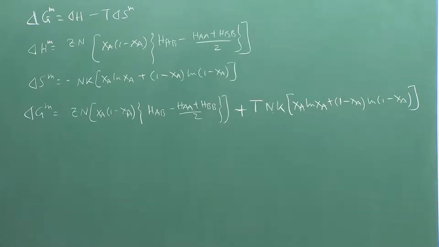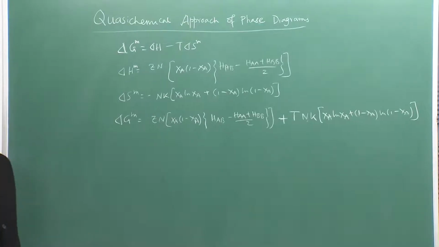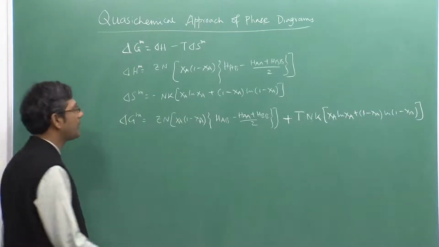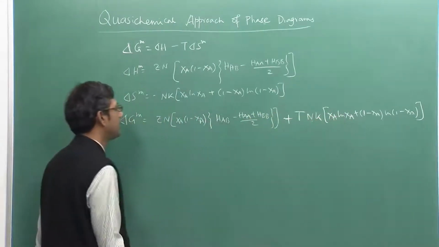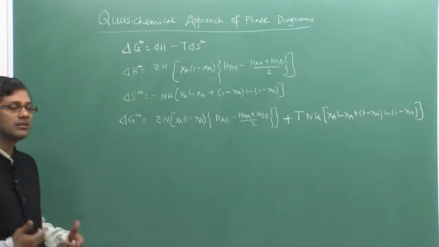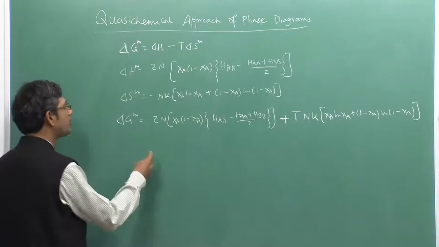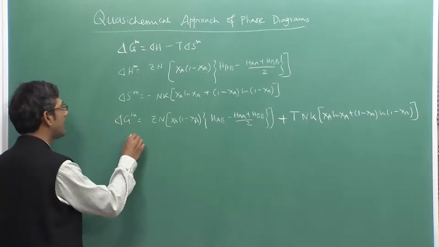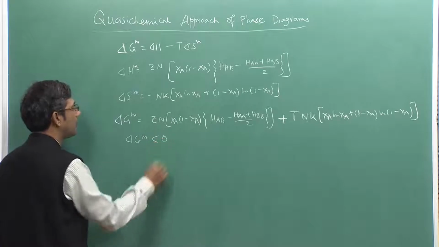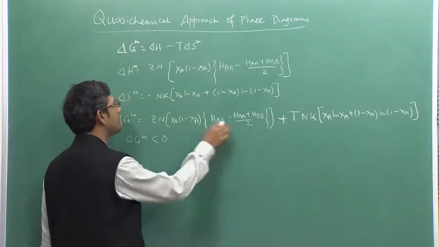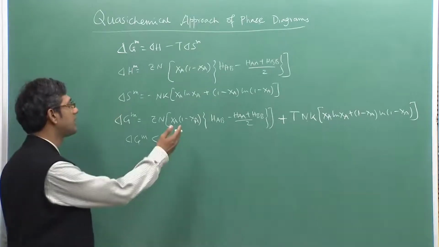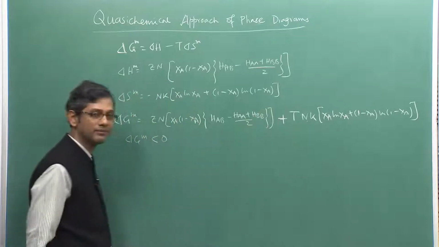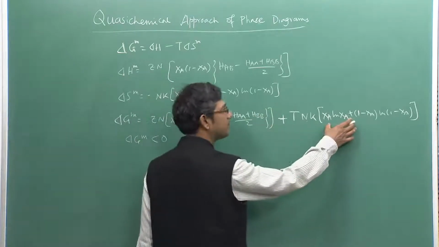As you know, the free energy change for any spontaneous process must be negative, as low as possible. Since this term is already negative, if the other term is negative, then delta Gm will also be negative. What I mean to say is that if delta Gm has to be negative, then this term must be negative, or this term must be positive but lower in value than this term, because this is always negative.